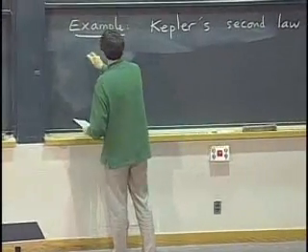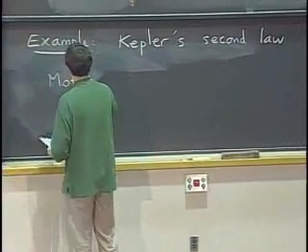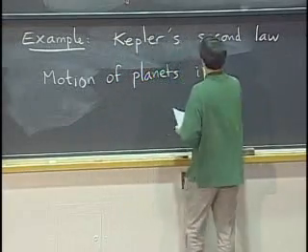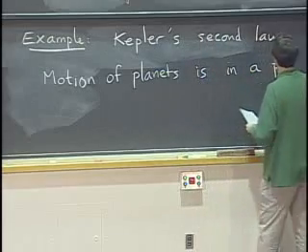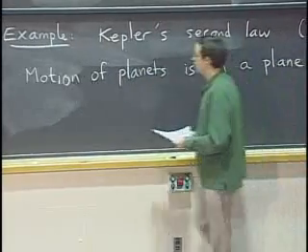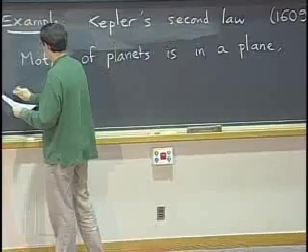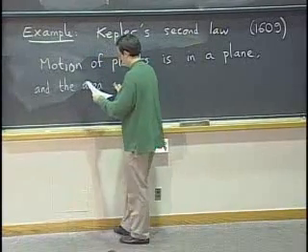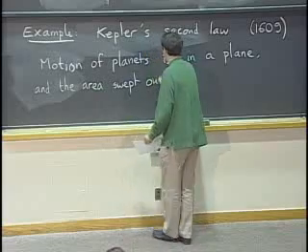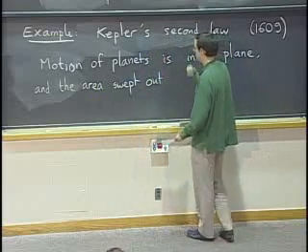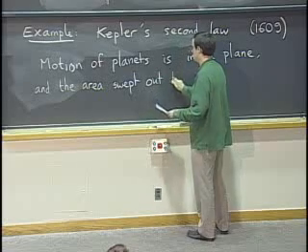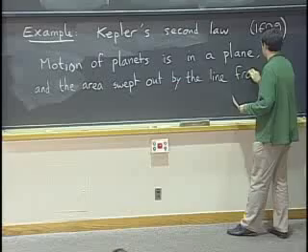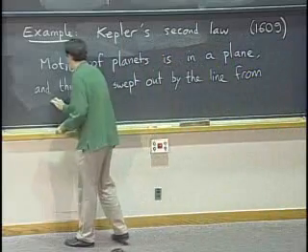So what Kepler's second law says is that the motion of planets is, first of all, they move in a plane, and second, the area swept out by the line from the sun to the planet is swept at a constant rate.